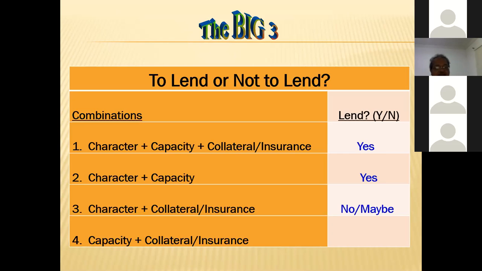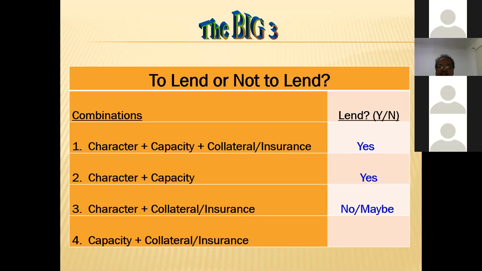Now what if they have a lot of capacity and a lot of collateral, but no character? No. I think character builds the foundation for any loan. In general, character is paramount, and that is why I started with character.